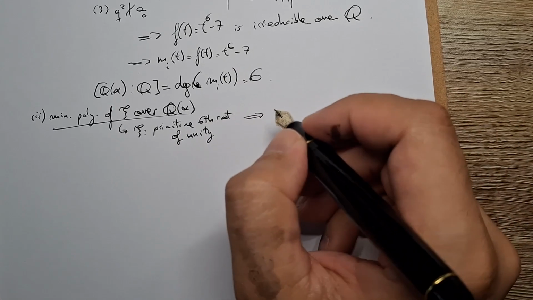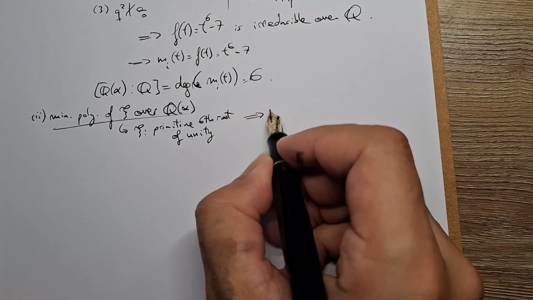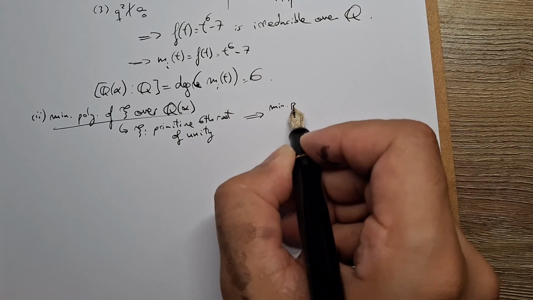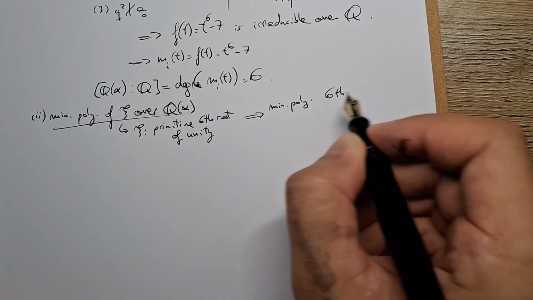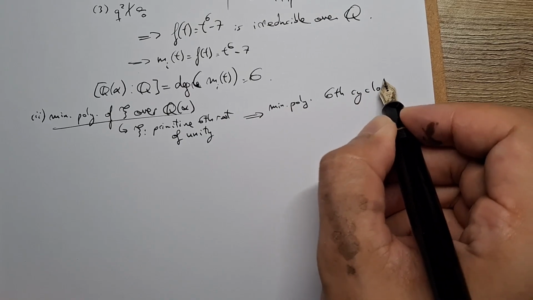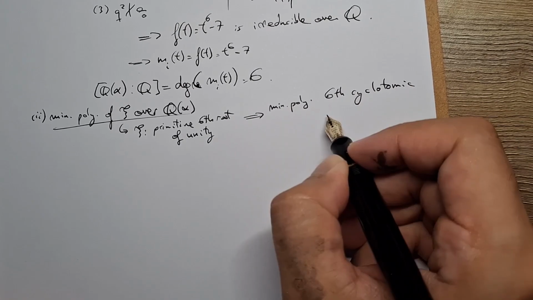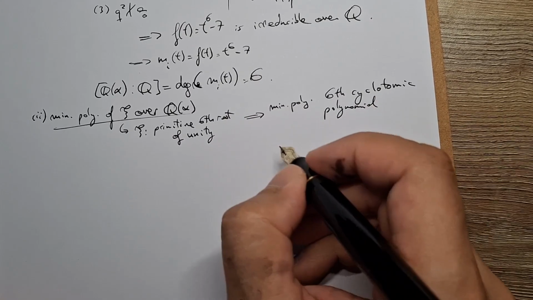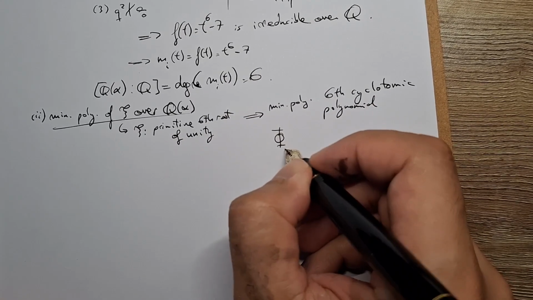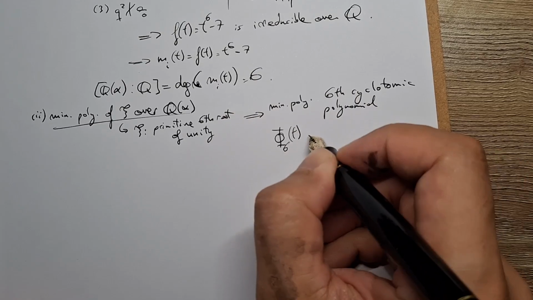And the consequence that this has is that the minimal polynomial is the 6th cyclotomic polynomial, which has the shape as we write in the following.